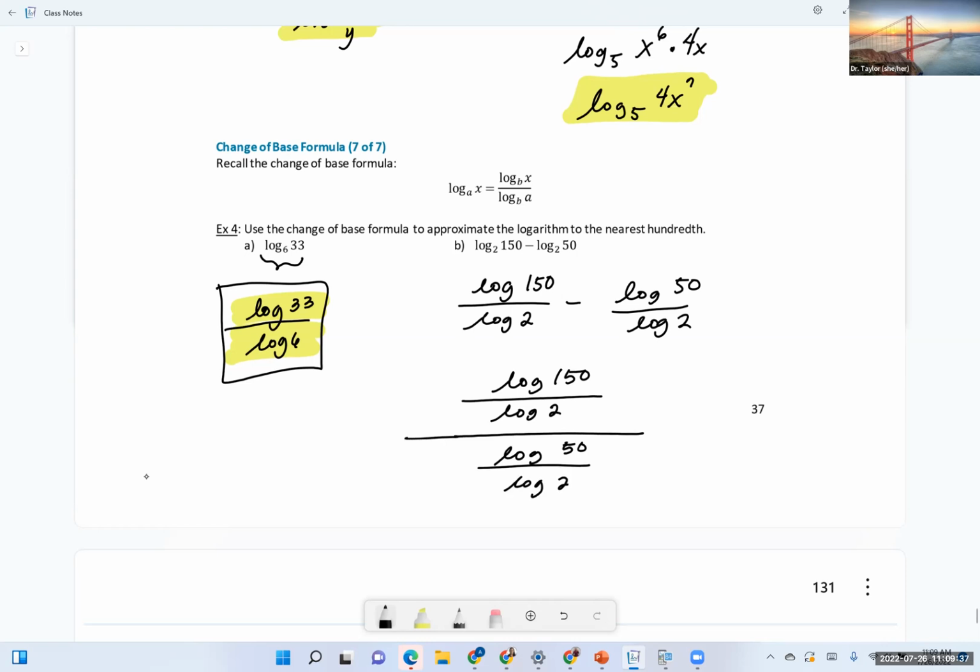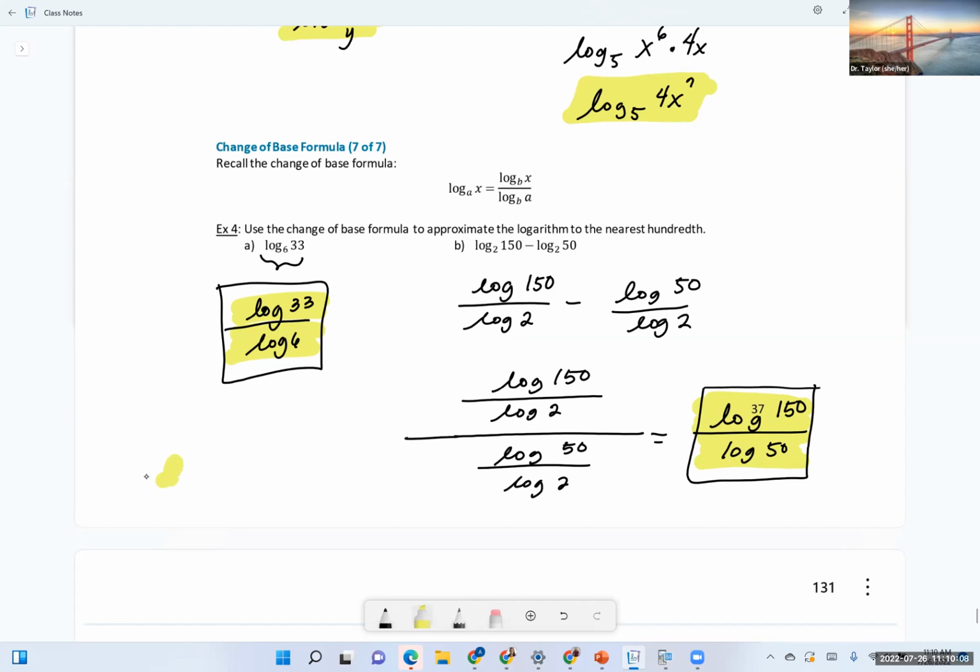Because they have the same denominators, we can disregard the denominators. So it'd be log base 150 over log base 50. That's just a fraction divided by a fraction.